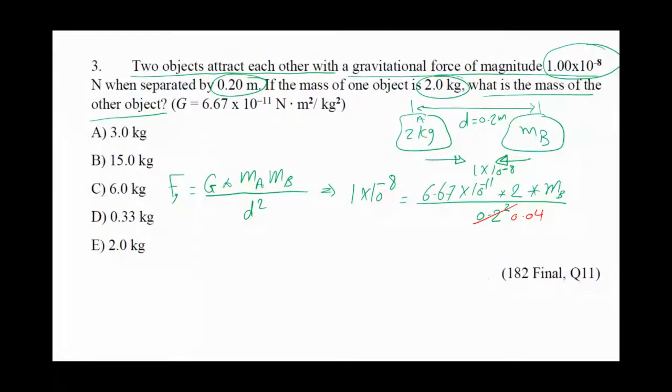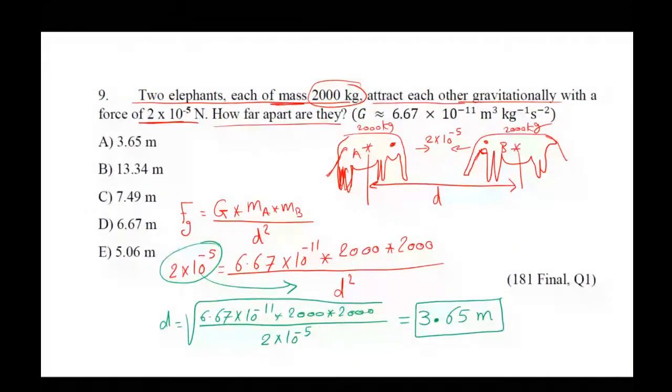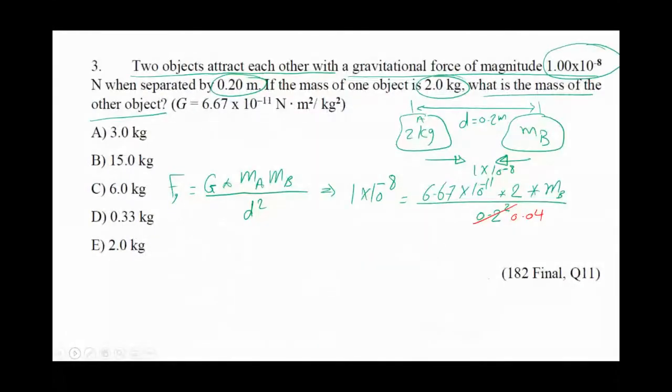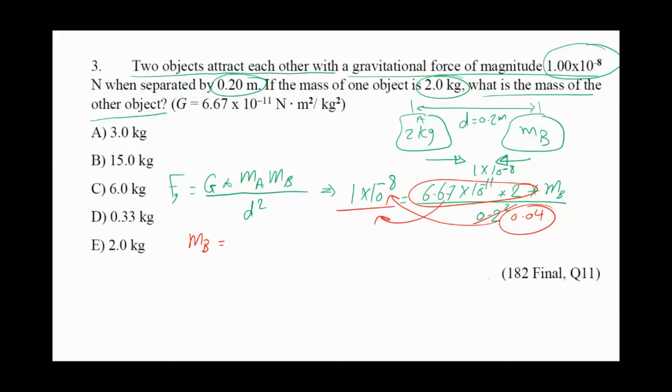Okay. Then let's try solving the problem to find MB. So MB will be what? Take this 0.04 to the numerator here, the other numbers to the denominator on the other side.